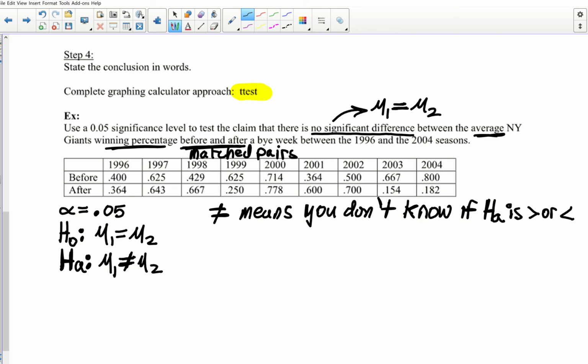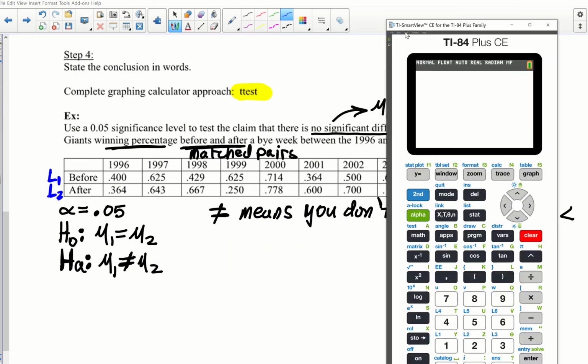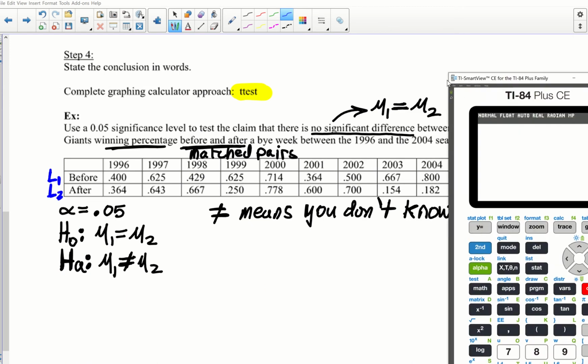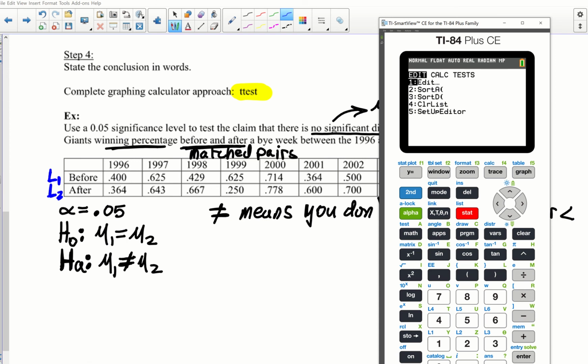All right. So now what we're going to do is put this information in our calculators. We're going to take the before values and put that in L1, and the after values, we're going to put in L2. There's another way to do it, but this is the easier way, which people tend to find surprising once they see what we're about to do. Stat edit.